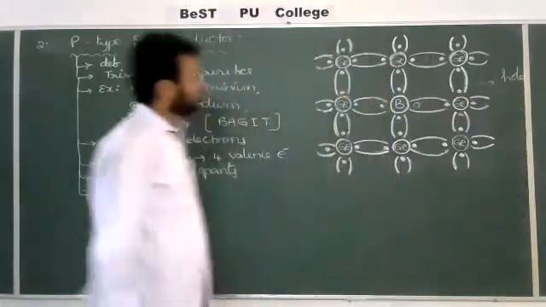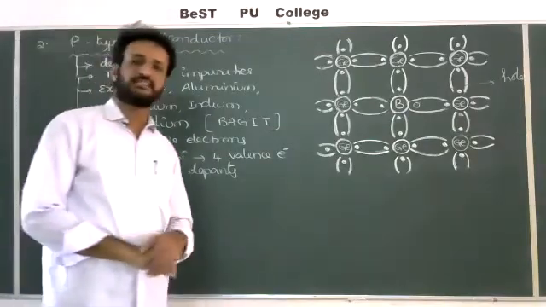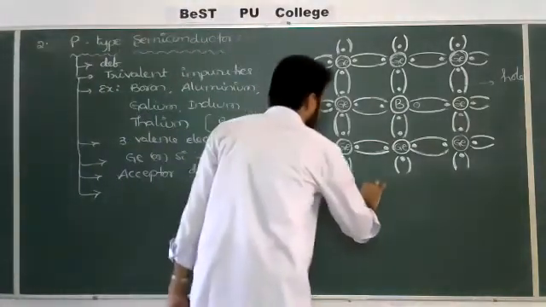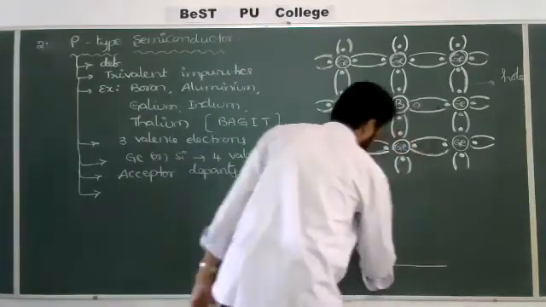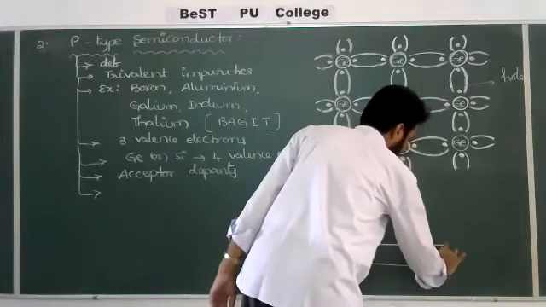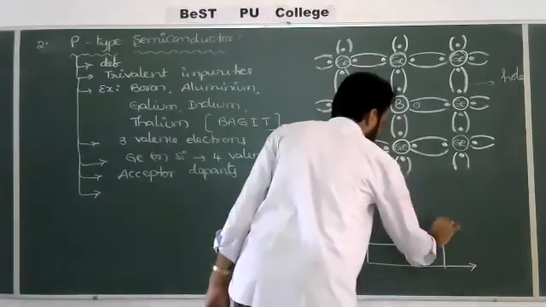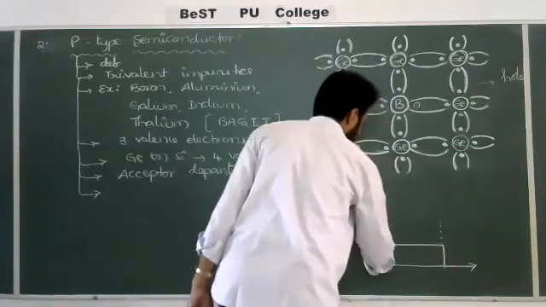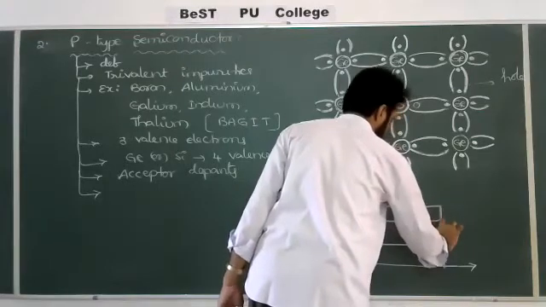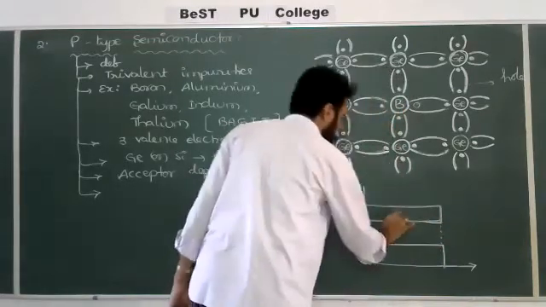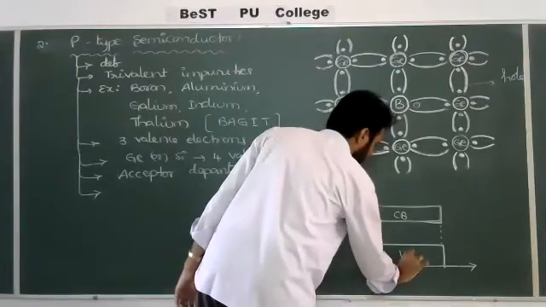But here, what type of charge carriers are more, holes or electrons? Take the band structure like this. The lower part can be called the valency band and the upper part the conduction band.